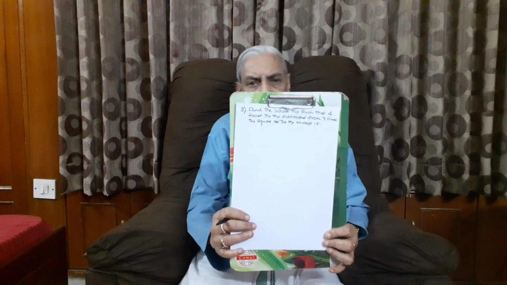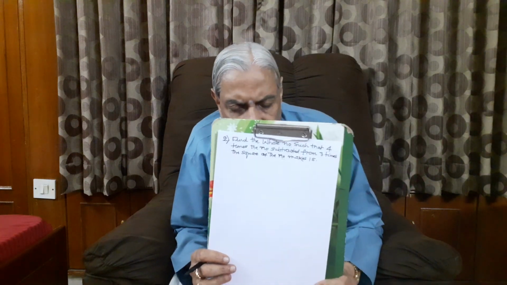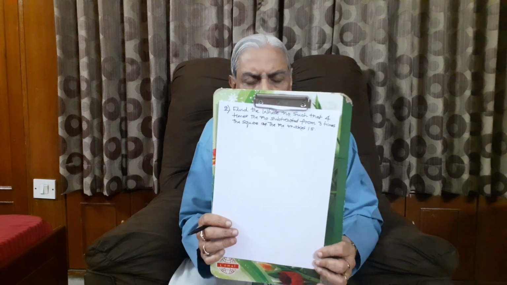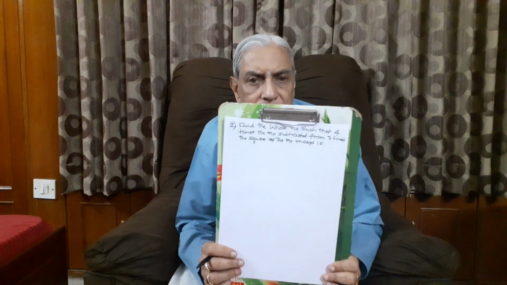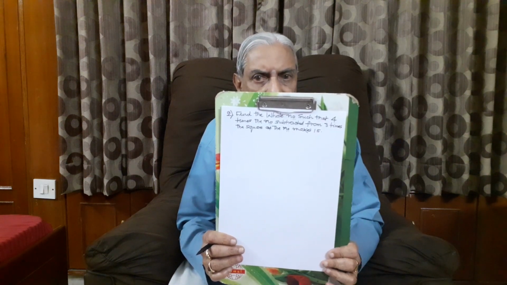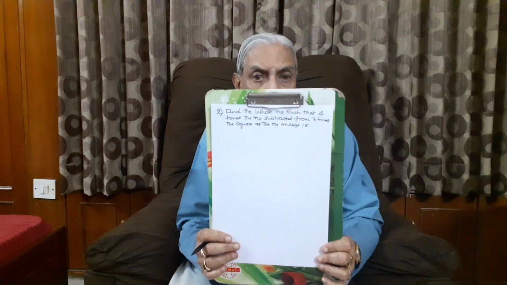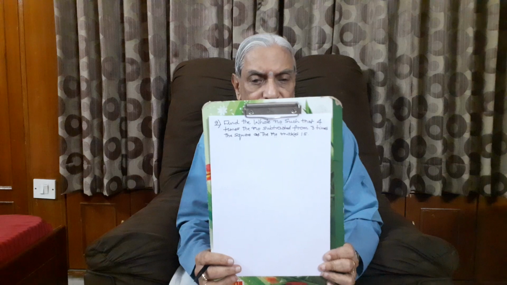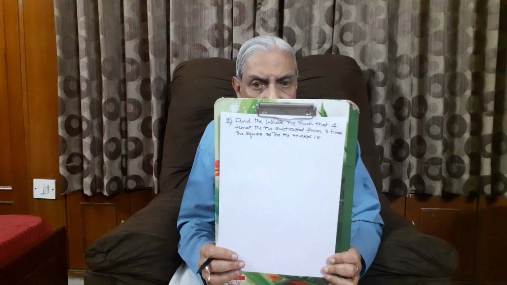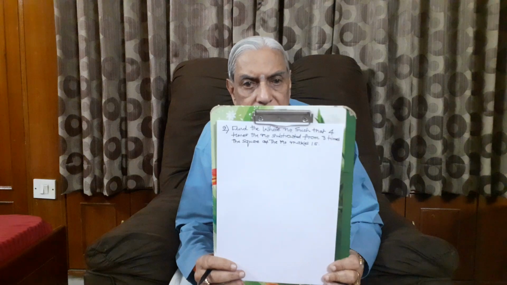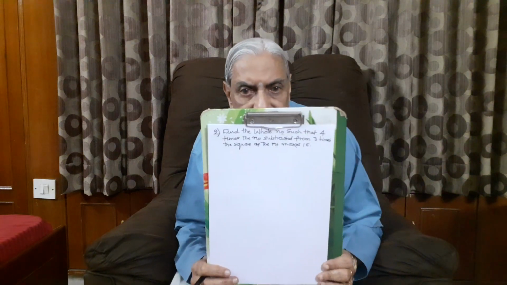Find the whole number such that 4 times the number subtracted from 3 times the square of the number makes how much? 15.